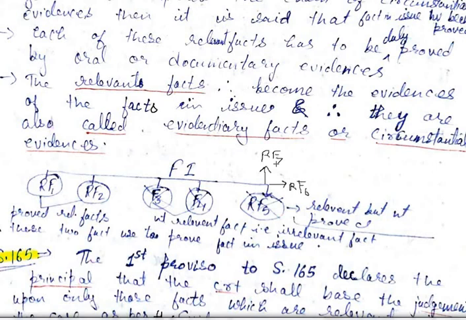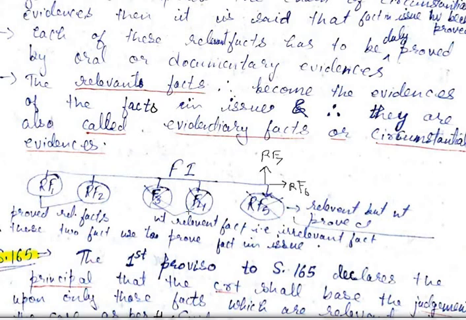Therefore the court first has to see whether these facts are relevant or not. Suppose the court finds that fact number 1 is relevant, fact number 2 is relevant, facts number 5, 6 and 7 are relevant, but facts number 3 and 4 are not relevant.